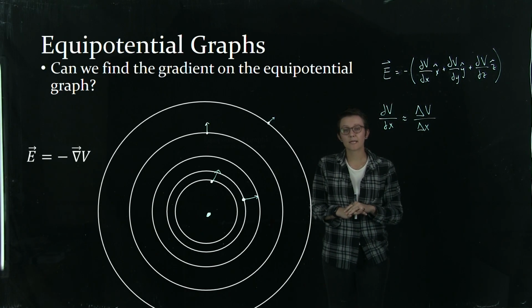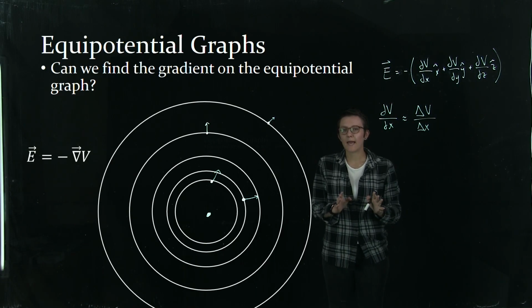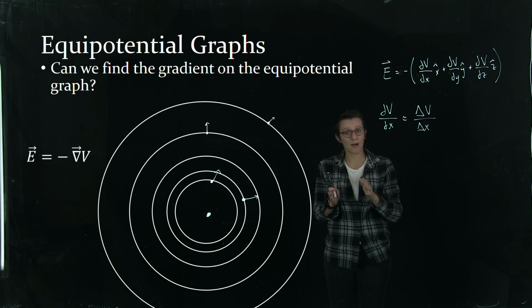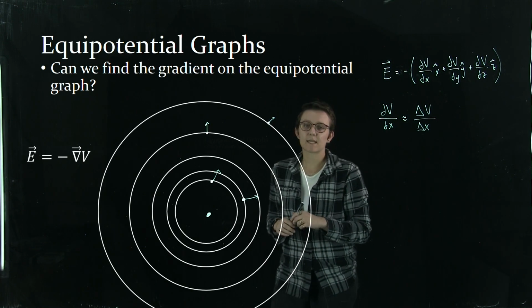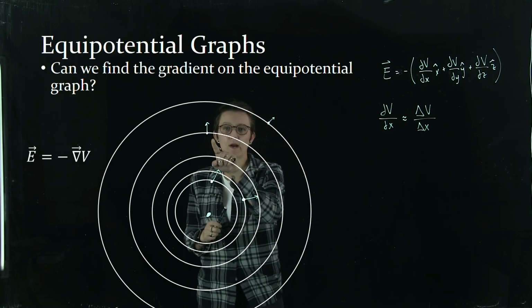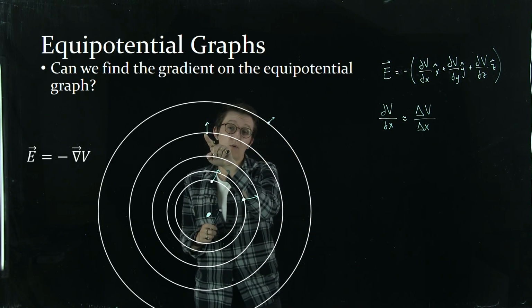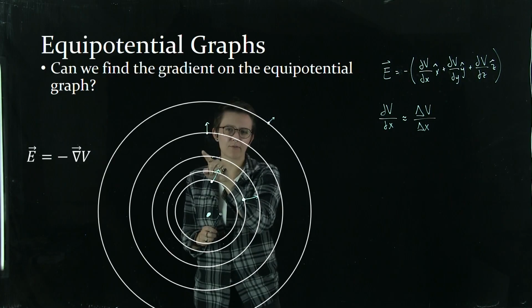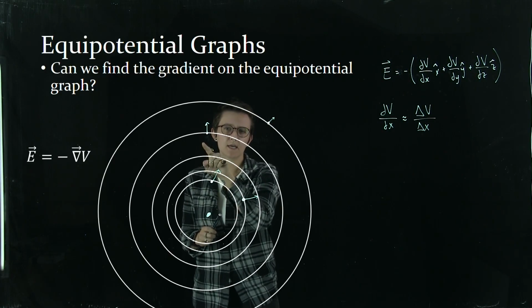The other thing I can think about is, how do I know how big my electric field is at any given point? And I can do that by looking at the closeness of the lines. So notice that if I am somewhere out here and I'm thinking about what is my electric field at this point, sometimes it's useful to look back and forward to get sort of an average in between these two lines.